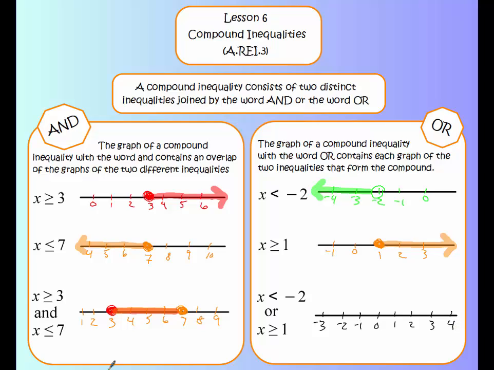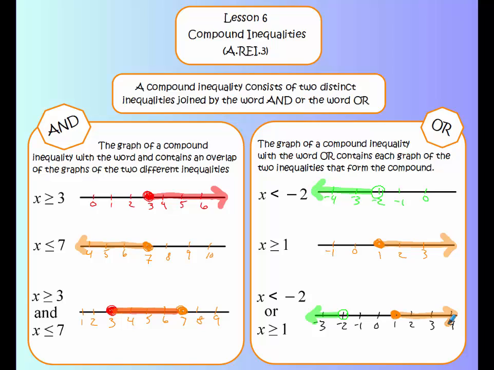We decided that was an open dot at negative 2, and we shaded to the left. And then let's try the other one. So x is greater than or equal to 1. We decided was a closed dot at 1, and it's going to go to the right. And that is the solution set for this compound inequality.